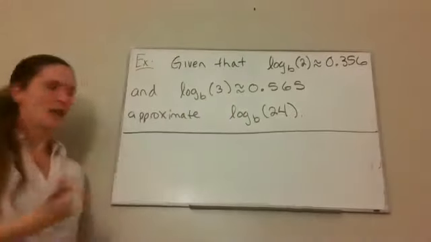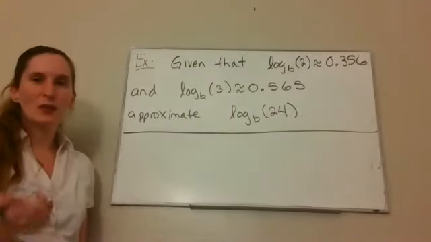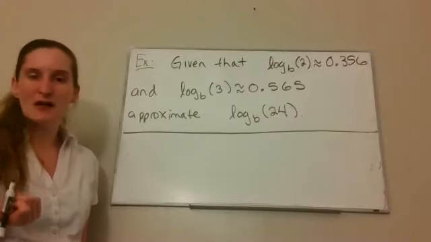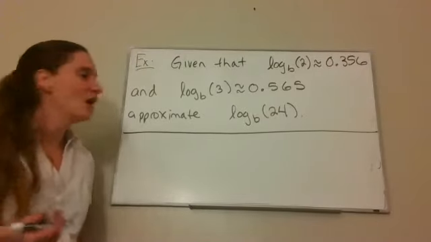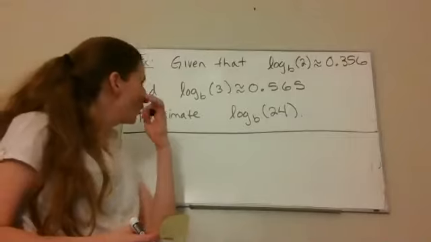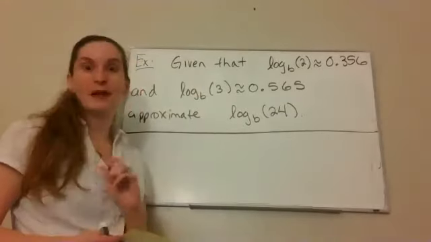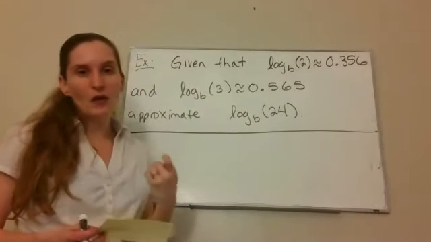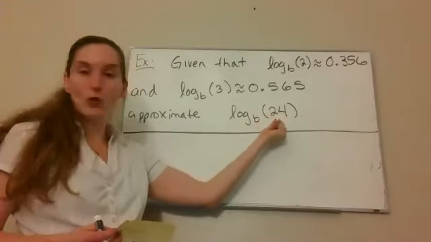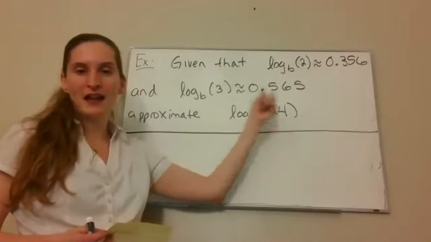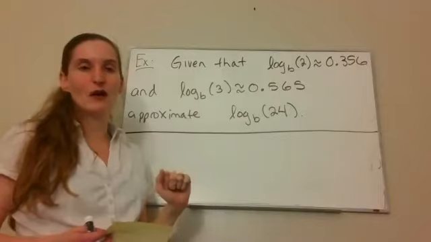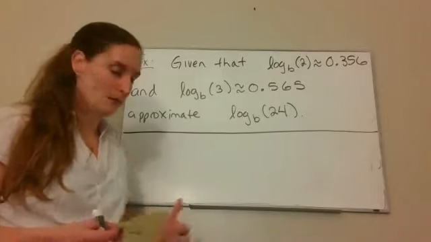So notice we don't even know what b is in this problem, so I can't try to figure it out using that base. The only thing I know is log base b of 2 and log base b of 3. So my goal is to take this log base b of 24 and write it as combinations of log base b of 2 and 3.